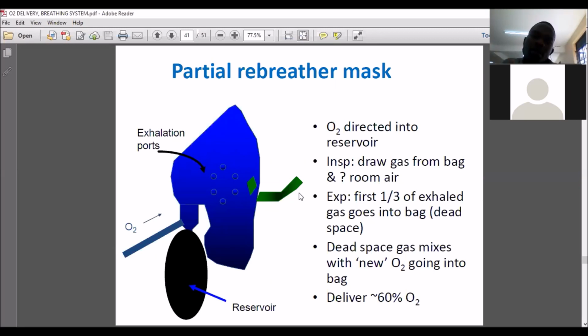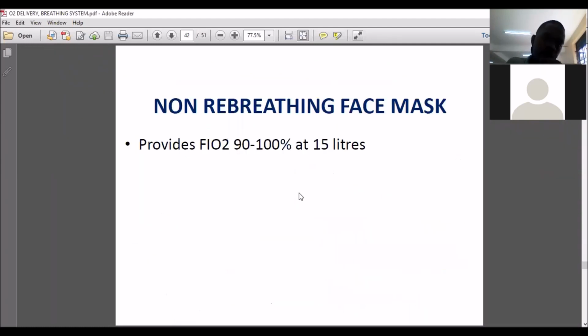Inspiration, I think we are seeing the partial breathable rebreather mask, okay? We know them from the nebulizer, okay? Any question about them? Those partially breathable masks, we use it mostly for nebulizing. The reservoir is where you put the drug. Put the drug in the reservoir, they rebreathe.